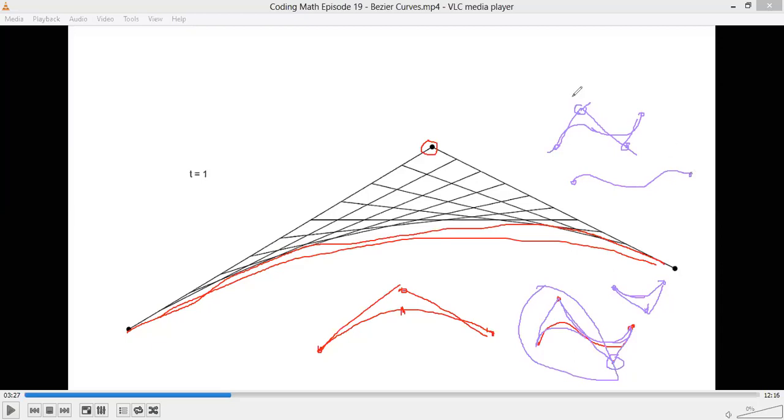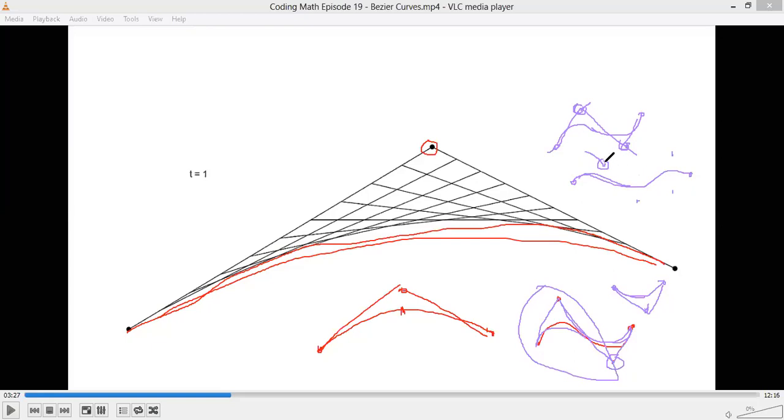The intermediate points, that is P2, P3, P4, and so on, in between, are going to take care of the shape of the curve. If I displace this point, then the shape of the curve is going to change. Based on the position of this point, the shape of the curve is going to vary. That is the reason why these intermediate points are called control points.